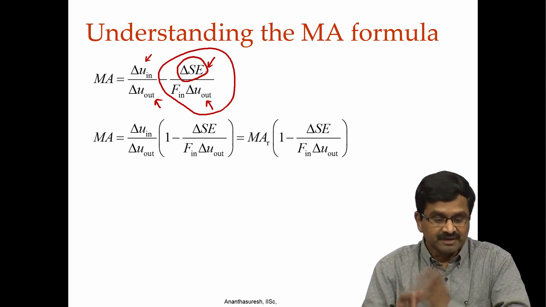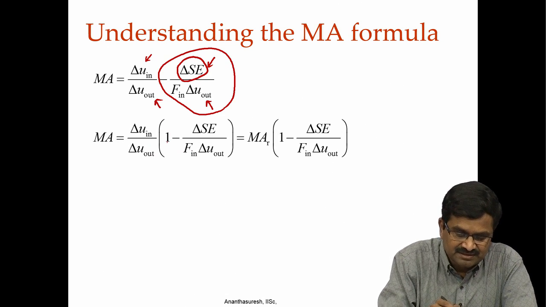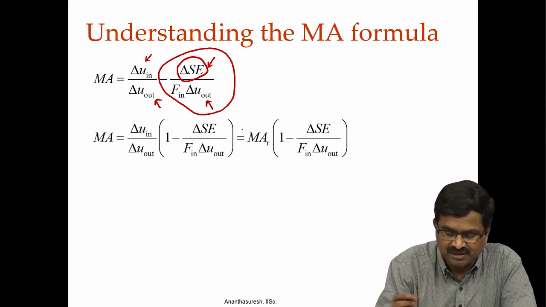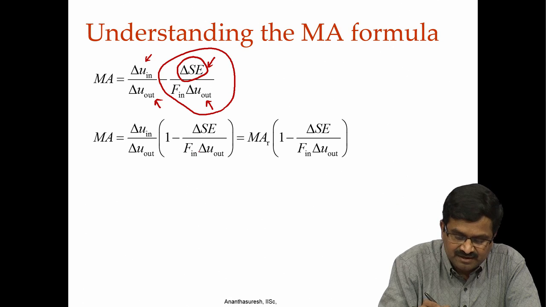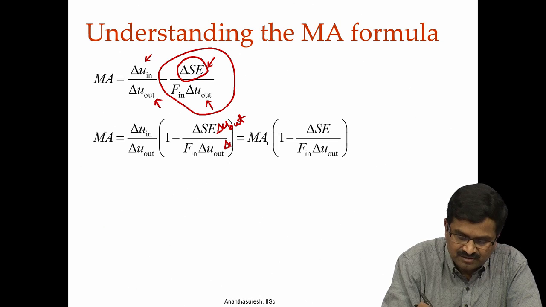So, we can also rearrange to understand a few things. So, delta U in by delta U out, if I just take that out common between the two, I can rewrite this as delta SE by F in delta U in. I have taken delta U in, so I have to actually multiply, right. So, this will become delta U out and then delta U in.